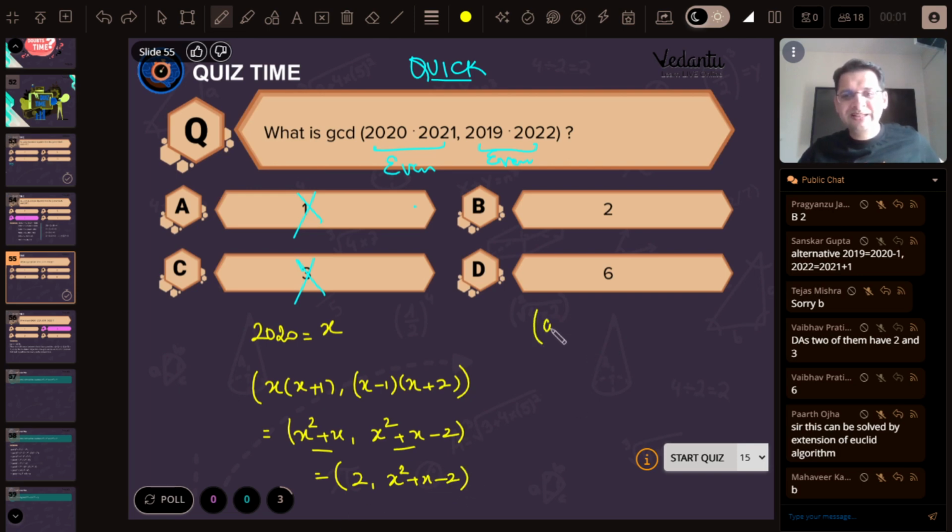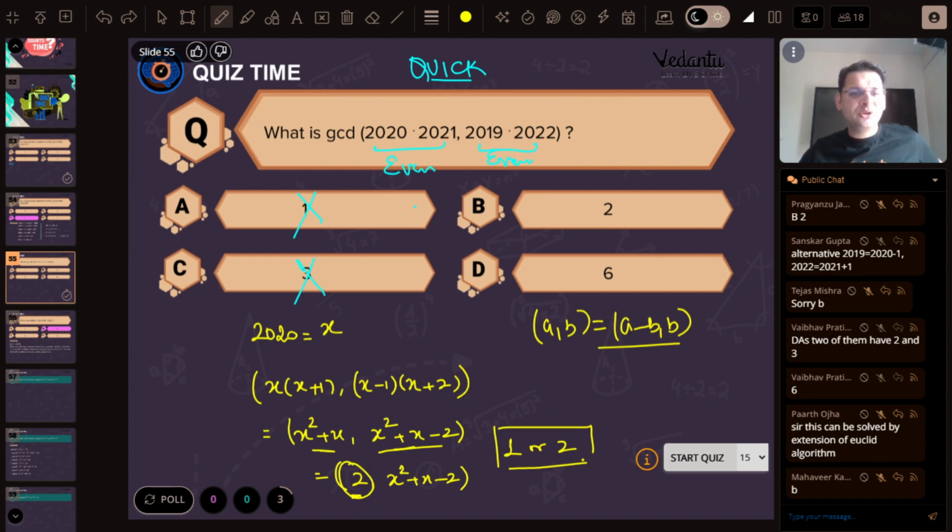We are applying the property GCD of A, B is GCD of A minus B comma B. So this minus this number is going to be 2, and x square plus x minus 2. So this number is 2. That means GCD is either 1 or 2, because GCD has to be smaller than this number. Now this number is clearly even, and since it is even, the GCD has to be 2.